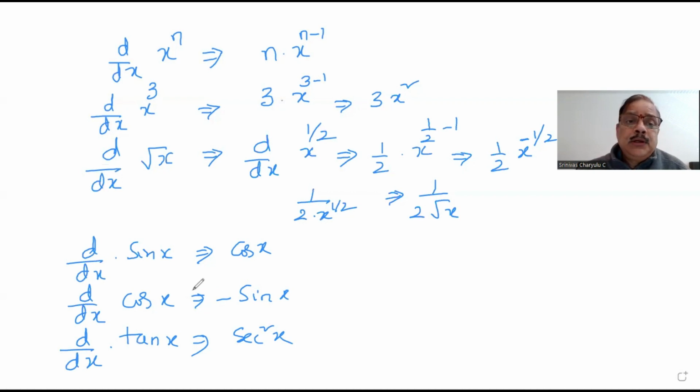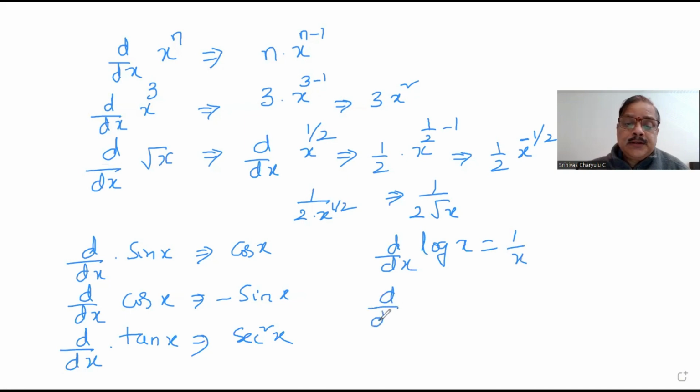There's no need to derive from the first principles all the time. You can remember sin x differentiation is cos x, and straight away use it in the sum. Whenever you encounter a particular function, sin x square or cos x square, you can write down the differentiation. Okay. Now log x, which we also did yesterday, is nothing but 1 over x.